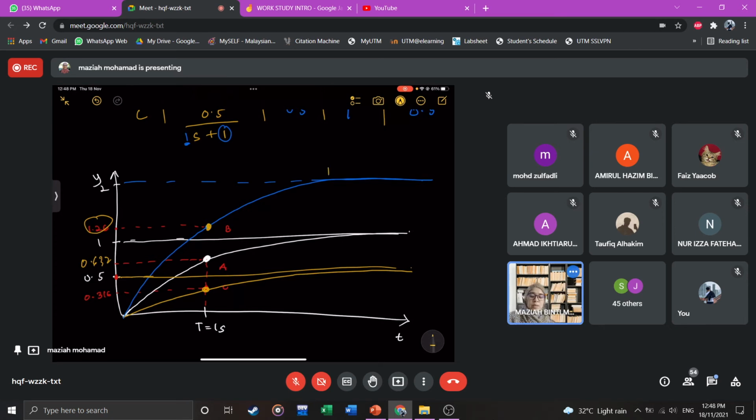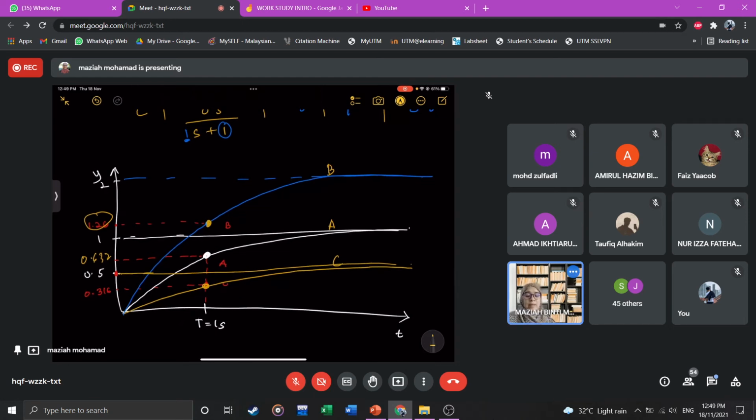So this is B, this is A, this is C. In terms of time, the response is the same. It will reach the time constant at the same time, and it will reach the final value at the same time. But the final value will be different because the static gain is different. So that is the effect of K.